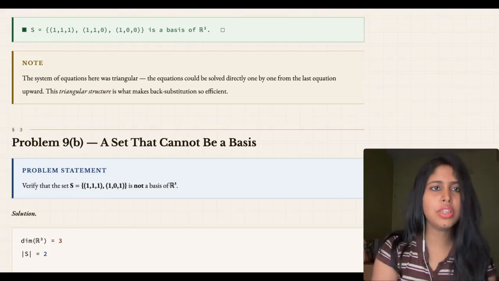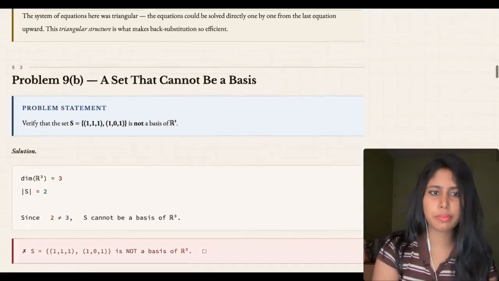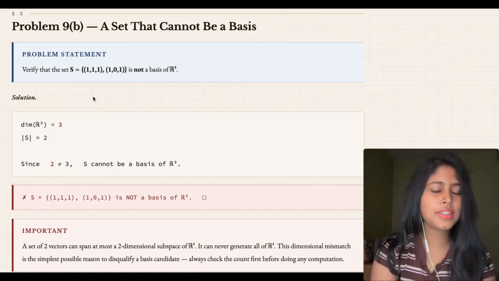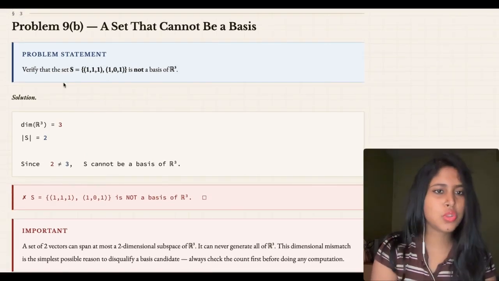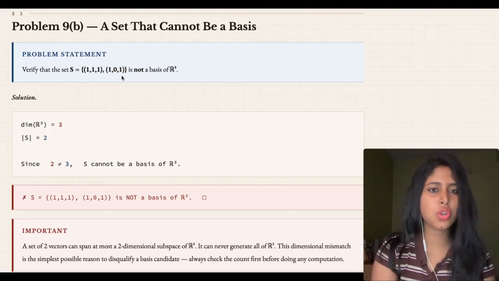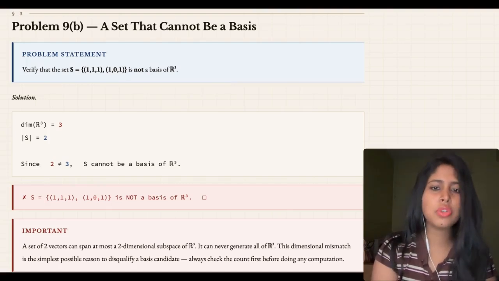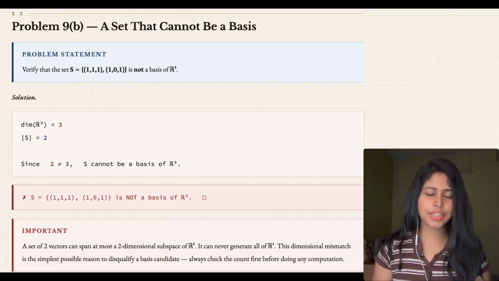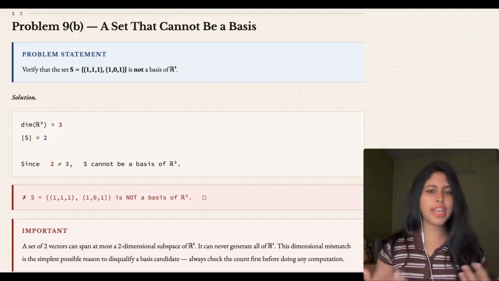Now coming to the next question, this is also very important. Here we will verify that the set S, these two other vectors, is not a basis of R3. This looks like a contrast to the previous question, right? Here is a simple answer. It is no. And why am I saying no?